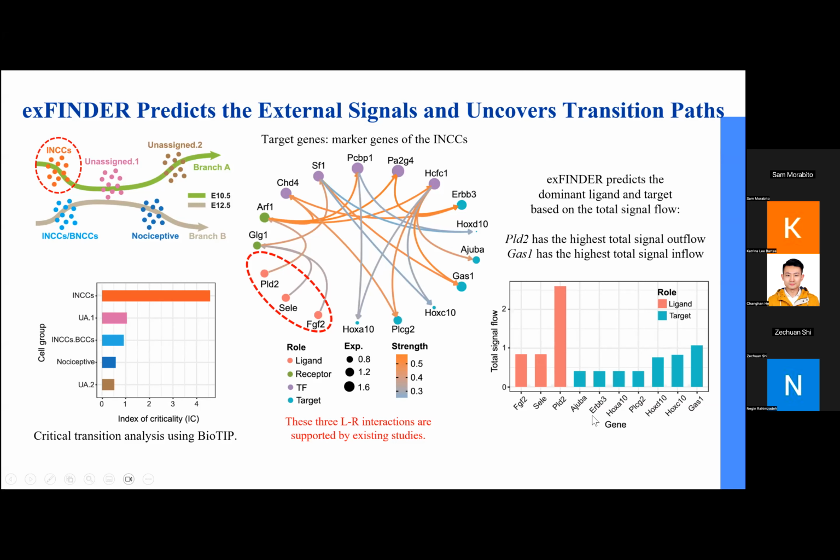And comparing all these target genes, we saw that GIS1 has the highest total signal inflow. That means it may have the highest activation rate, or we can say it received the most signals from within this signaling network.